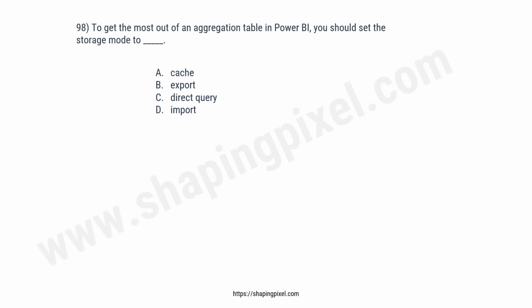Question number 98. To get the most out of an aggregation table in Power BI, you should set the storage mode to, and we have four options: cache, report, direct query, import. So the right answer here is option D, import.